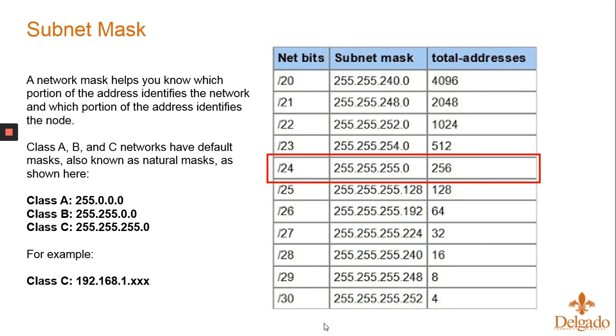You can also see there's a Class A and a Class B. The chart on the side shows you some of the things that happen. If we're in a Class C network, which is the red box, 255.255.255.0, then we have a total of 256 addresses available. And remember, that's 0 to 255.